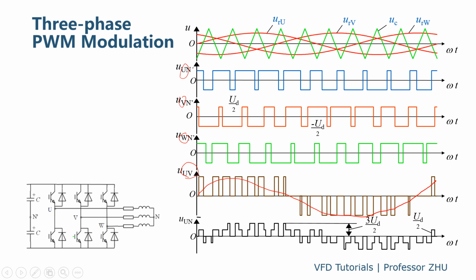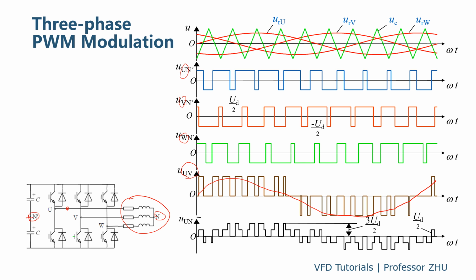One thing I want to mention is that all those voltages, like line voltage U, V prime, the reference point here is the neutral point of the DC, not this one. This is the motor. So N is the neutral point of the motor, and N prime is the neutral point of the common DC bus.